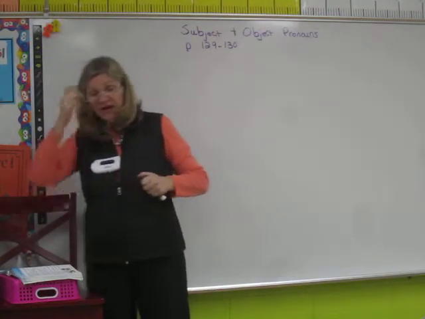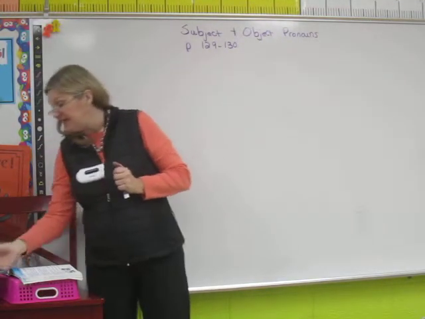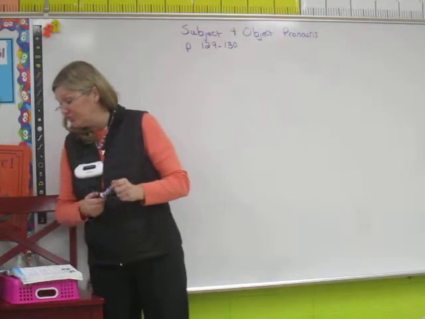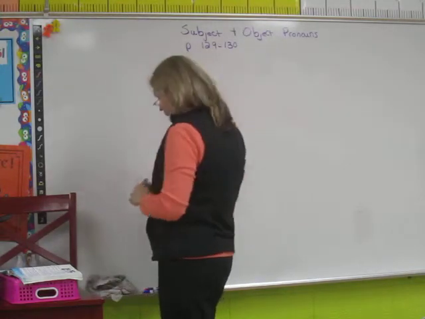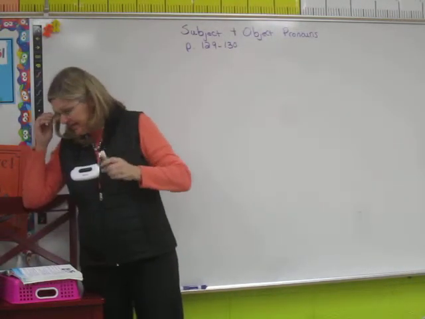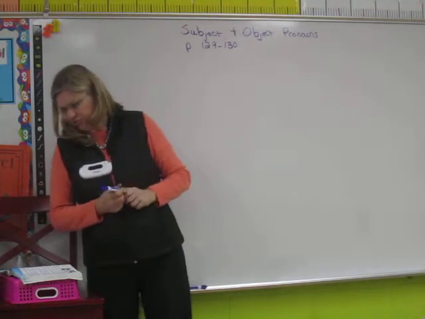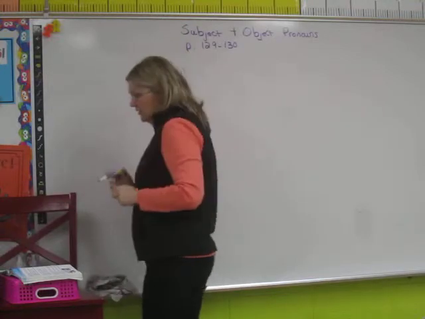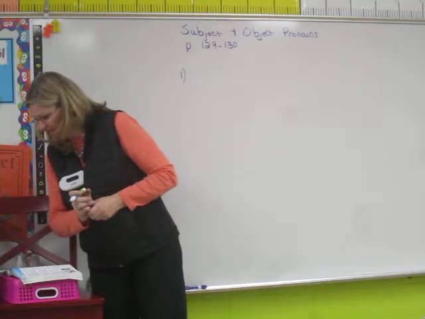On page 130, you simply have to identify each pronoun in numbers 1 through 4. So if I do the first one for you as an example, I read that sentence and it says, are you there, Alan? I'm under the umbrella, Carla. So for number 1, I simply write all of the pronouns that are there.